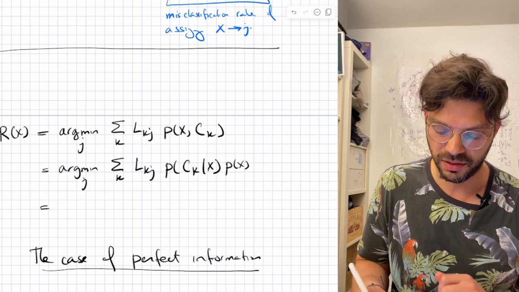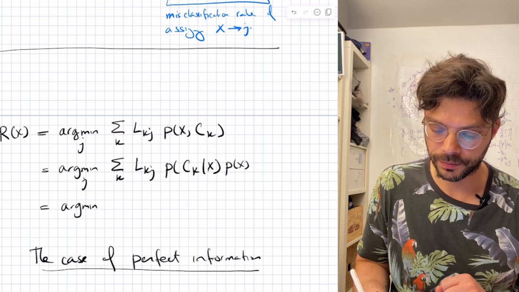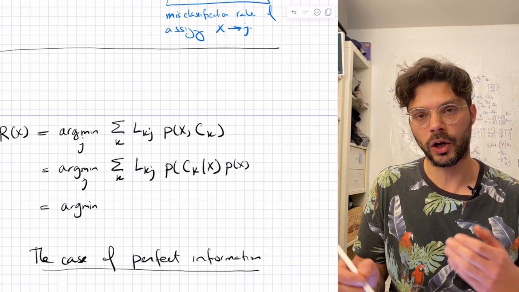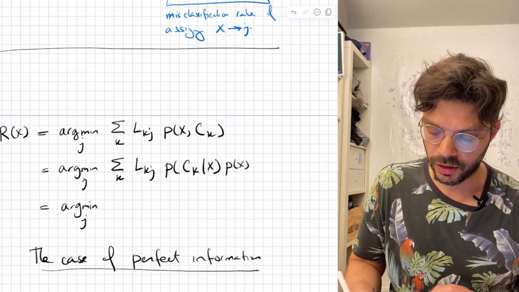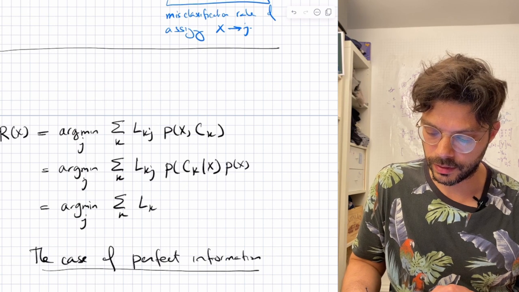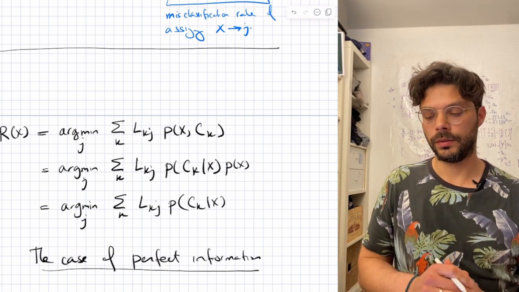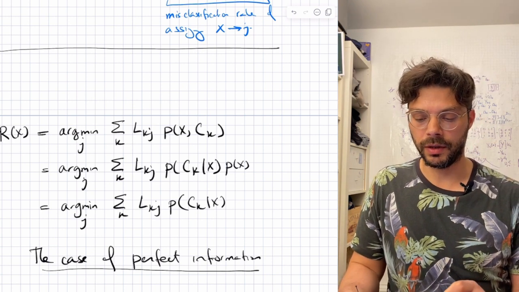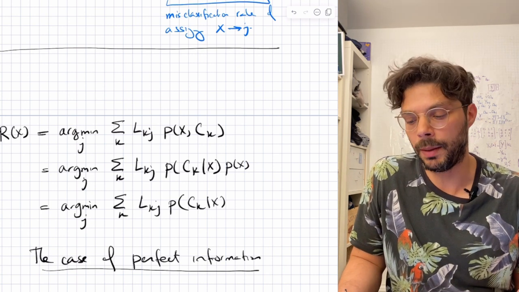So we can just say this is the same as argmin. This minimum over j is not going to change if we multiply it by a constant like p of x, because for every single different j that we consider, it'll always be getting multiplied by the same p of x.